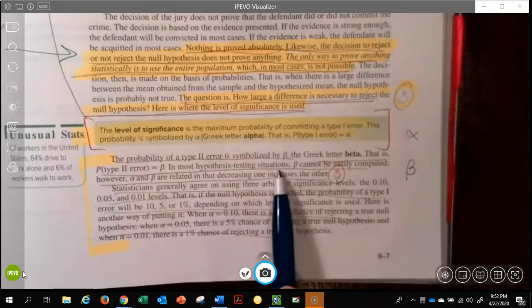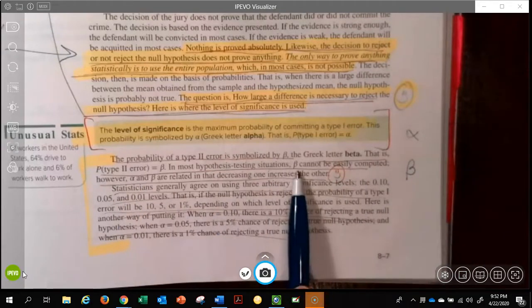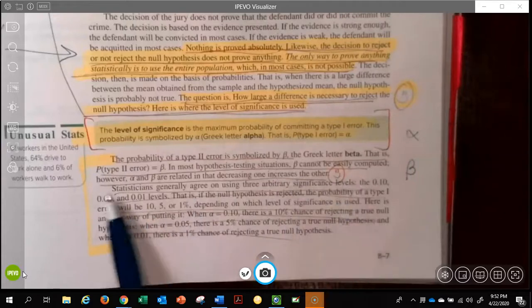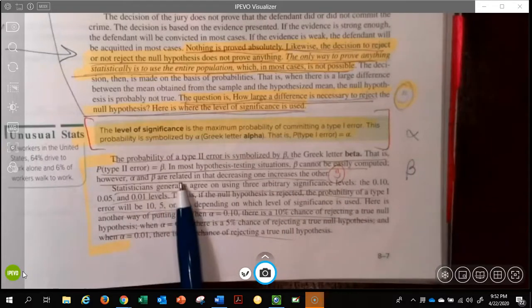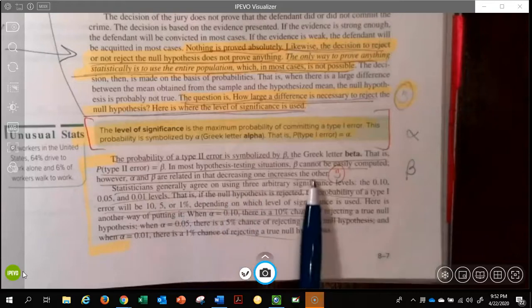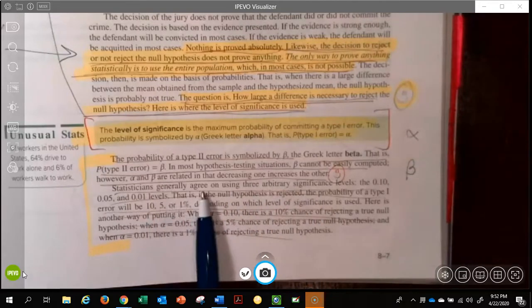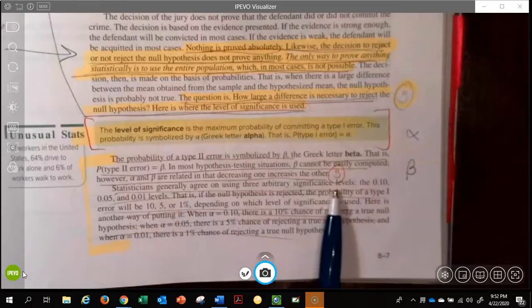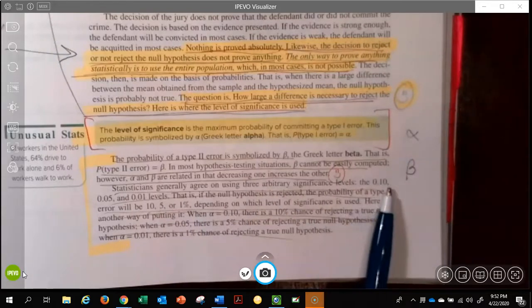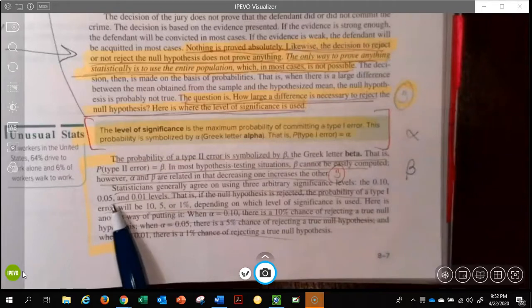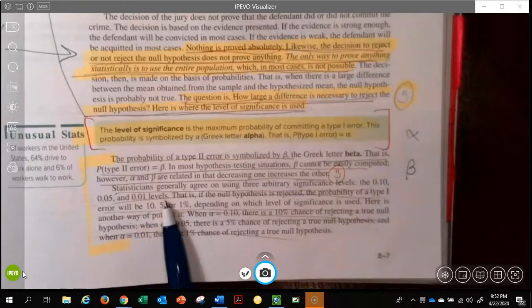In most hypothesis testing situations, beta cannot easily be computed. However, alpha and beta are related in that decreasing one increases the other. Statisticians generally agree on using 3 arbitrary significance levels: 0.10, 0.05, and 0.01.